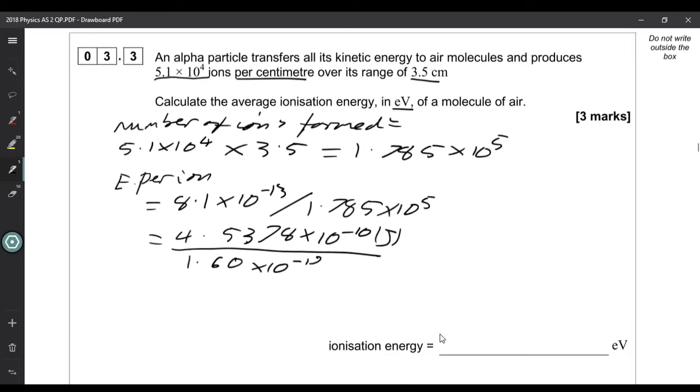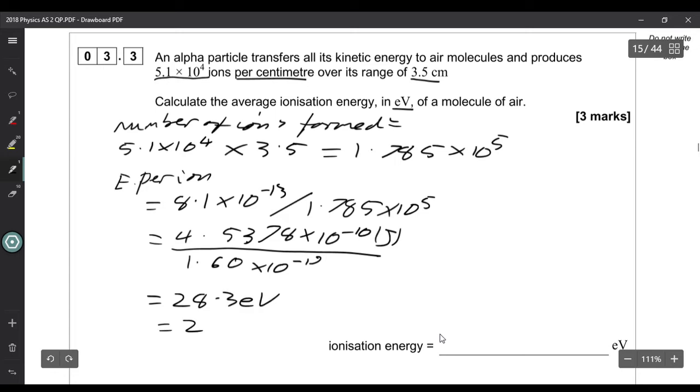And that comes out to be 28.3 electron volts, or 28 electron volts to our two significant figures, which is the significant figures that were given in the question.